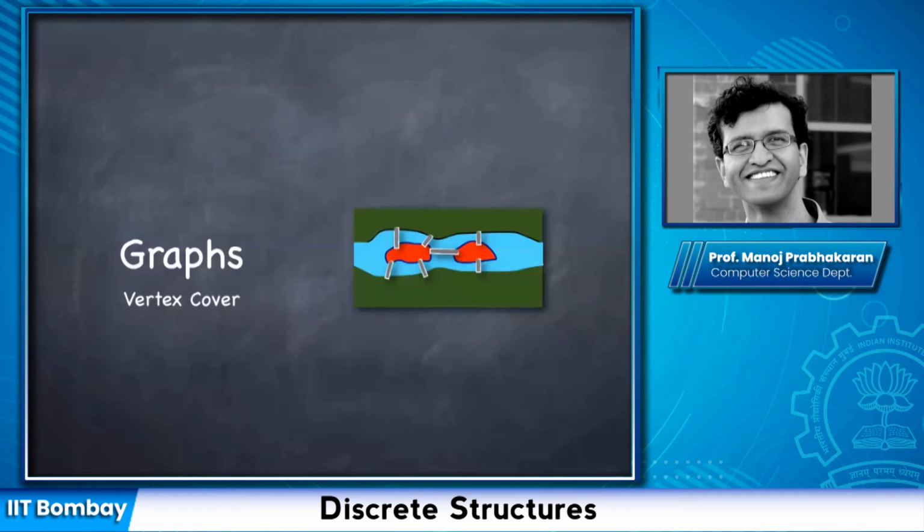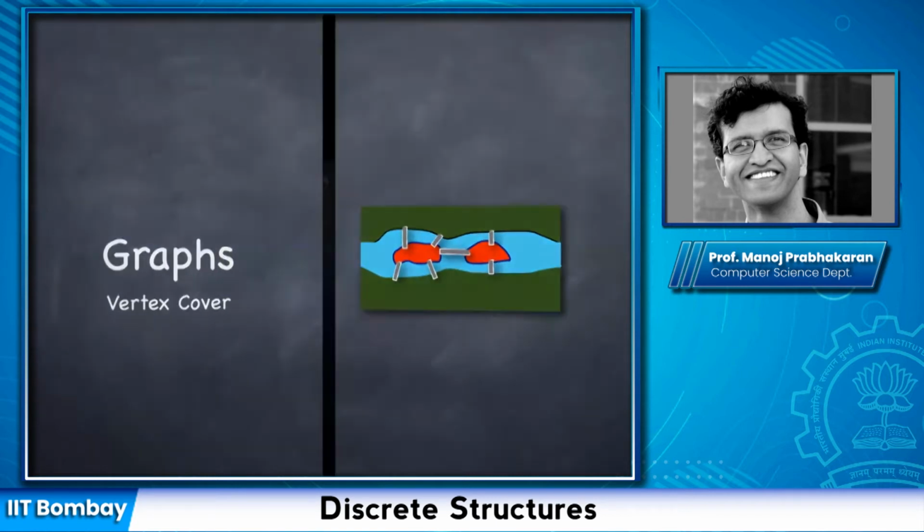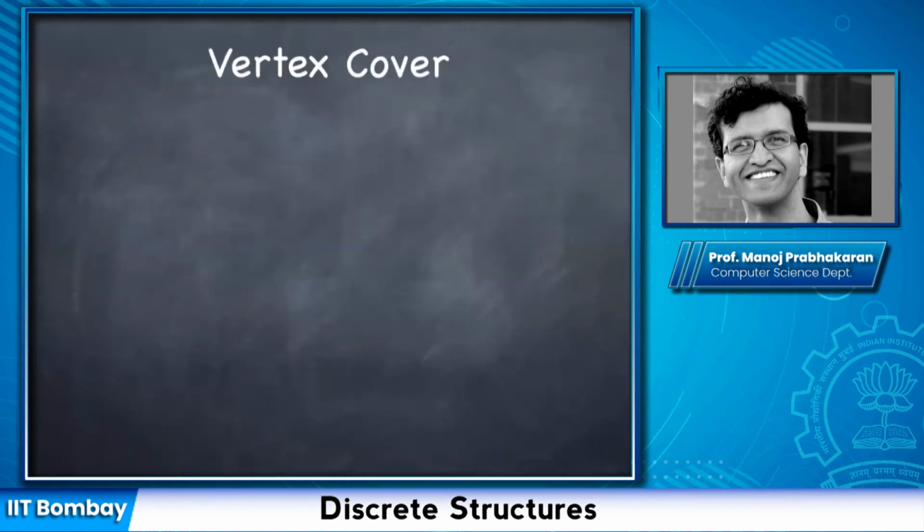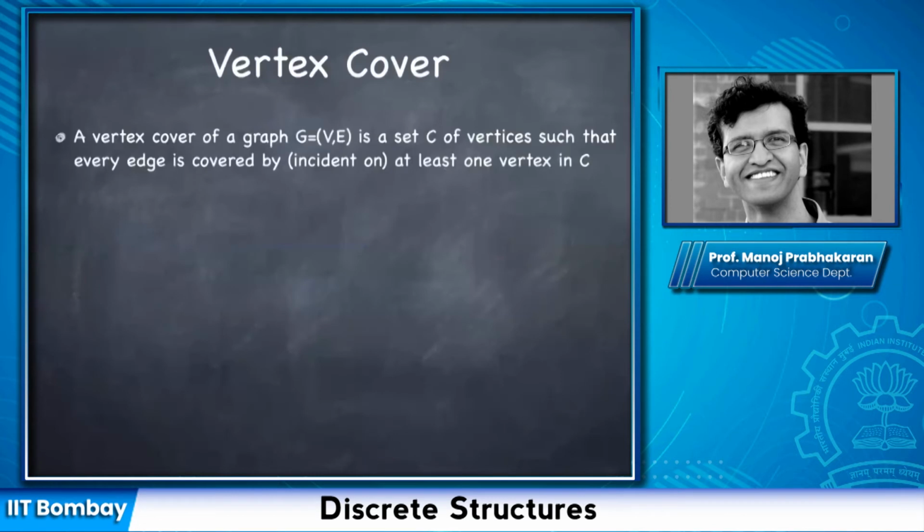We'll talk about another interesting concept about graphs, namely vertex cover. So what's a vertex cover? A vertex cover is a set of vertices C such that every edge is covered by these vertices.